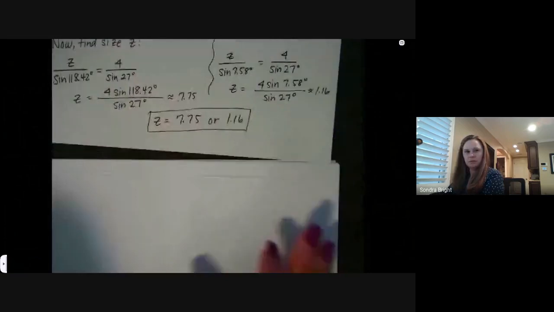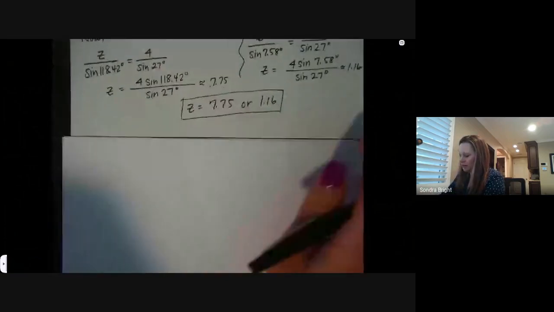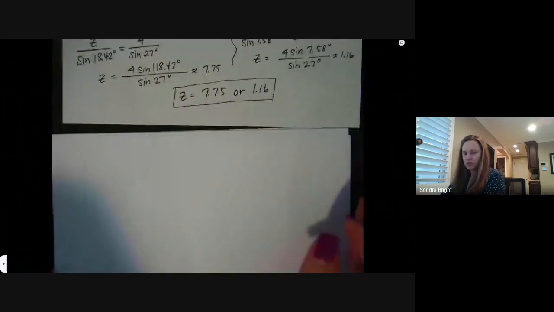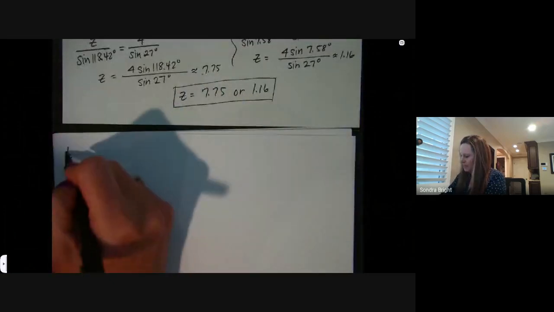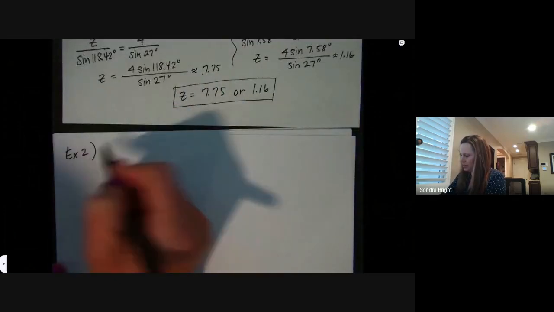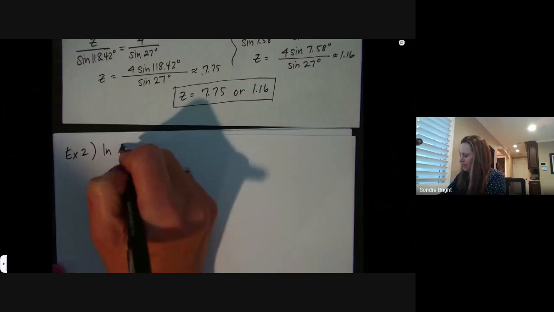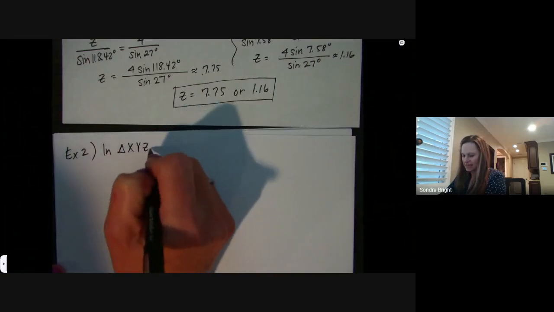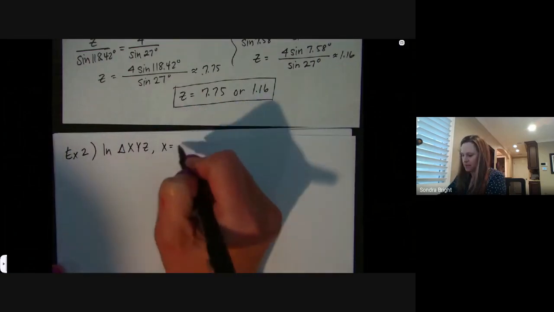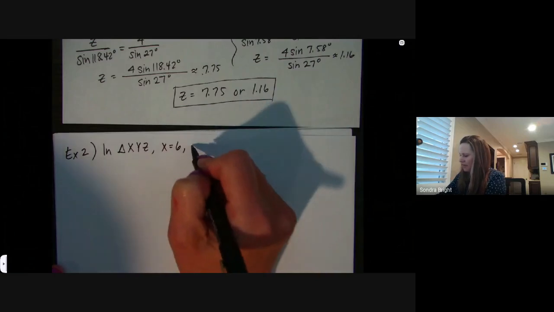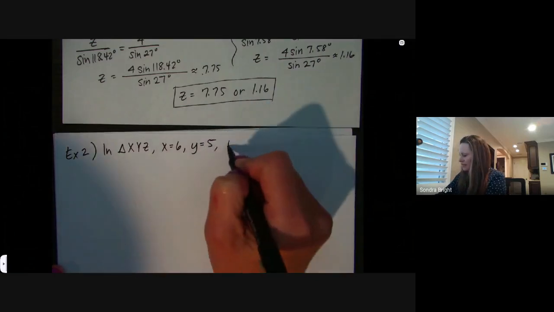Make sure I'm on the page here. Example 2: in triangle XYZ, let side X be 6, side Y be 5, and the measure of angle X is 27 degrees.